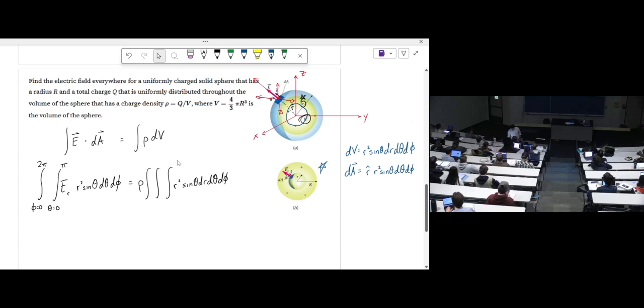And again, due to symmetry, we get these two integrals here. So theta goes from 0 to pi, phi goes from 0 to 2 pi, and r goes from 0 to r.